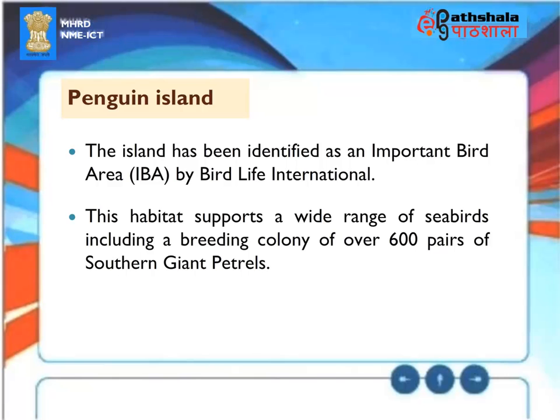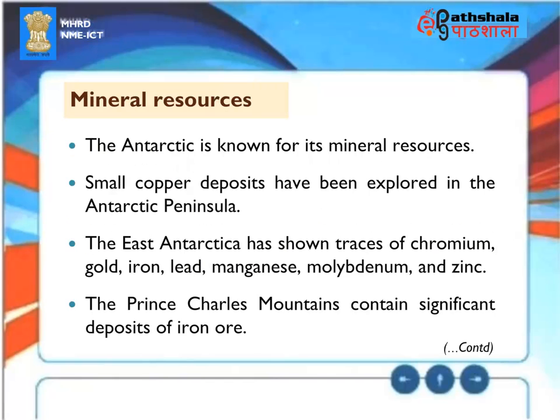The island has been identified as an Important Bird Area, IBA, by BirdLife International. This habitat supports a wide range of seabirds, including a breeding colony of over 600 pairs of southern giant petrels.